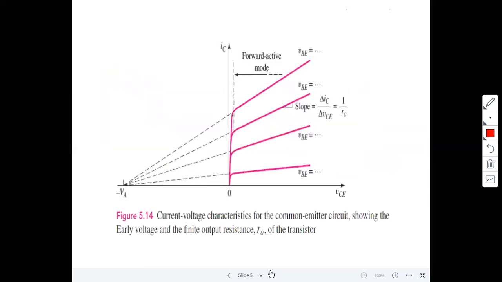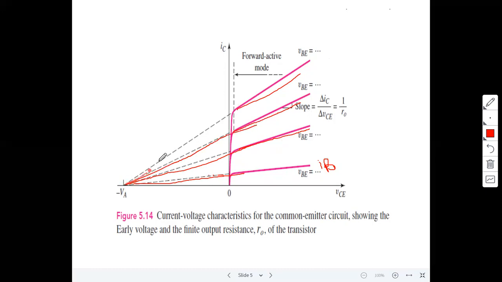Now, how do we find the collector current expression? In the previous graph we know that collector current changes according to VCE. These are for different IB values, this one is one IB value, and so on. To calculate it, draw one tangential line and project it onto the negative x-axis.